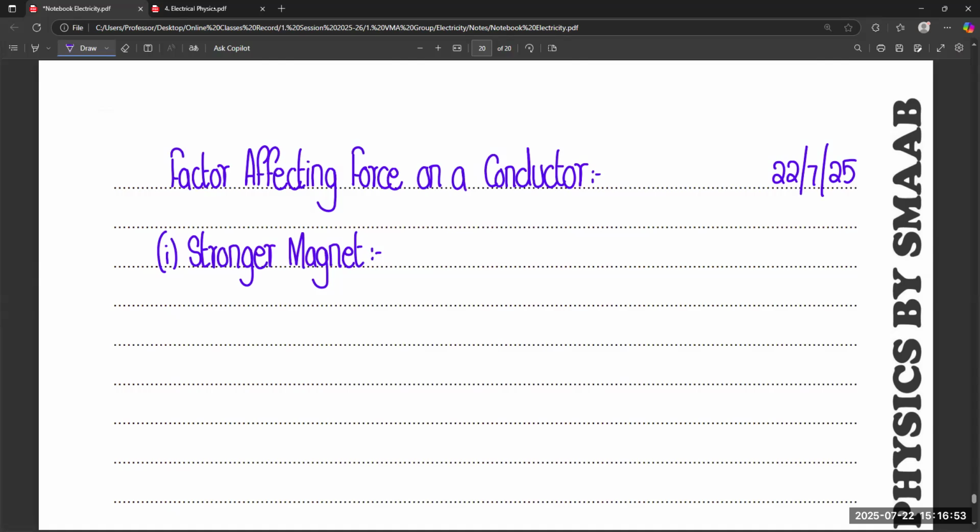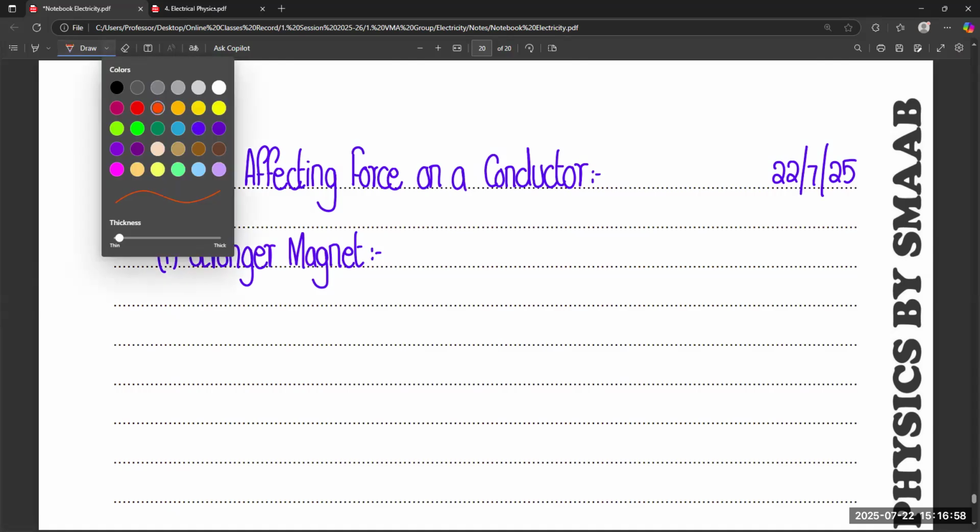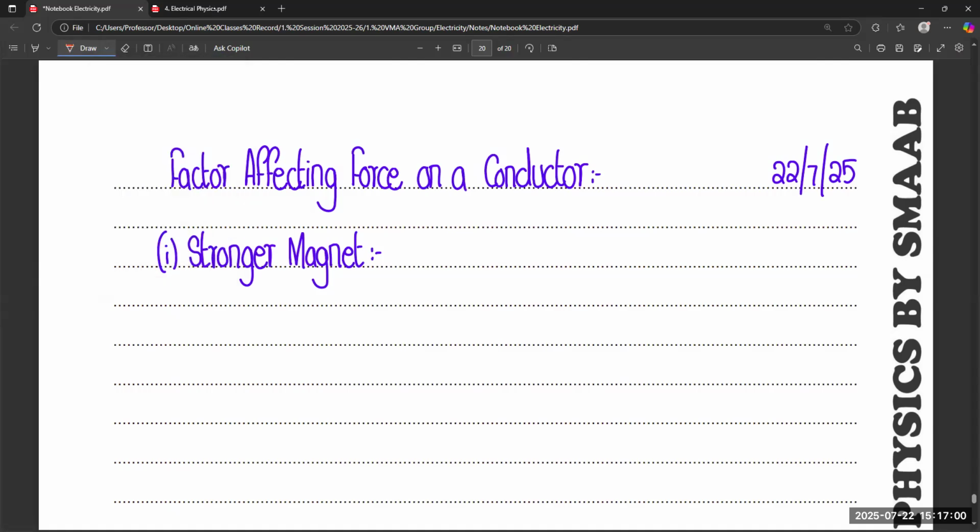If we place a strong magnet in a DC motor, because of that strong magnet, you will get a greater force on the conductor, right? Because a strong magnet provides a strong force, and that will give you greater change in the rotation of the coil.